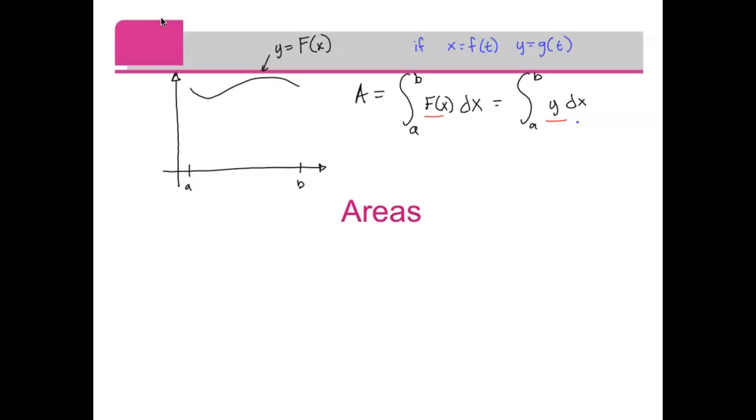And so I'm basically just going to use a regular substitution. So I'm going to replace y with g of t. So this is the integral of g of t. Now I need to replace dx. Well, dx dt, that's just the derivative of x with respect to t, so that would just be f prime, right?